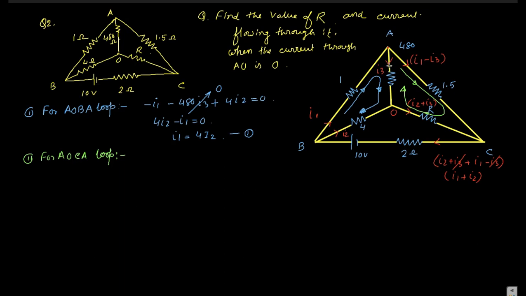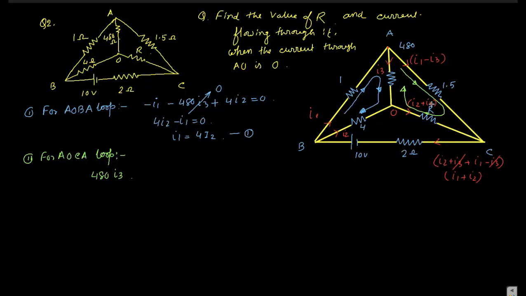For AO, the direction of the path and the direction of the current are opposite. I3 is flowing from A to O and the path is chosen from O to A. So 480 into I3 is a potential gain. Then the direction of the current and the direction of the path are the same.